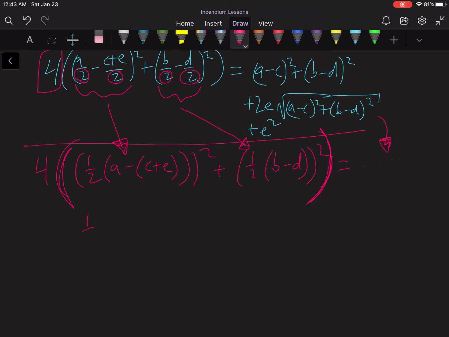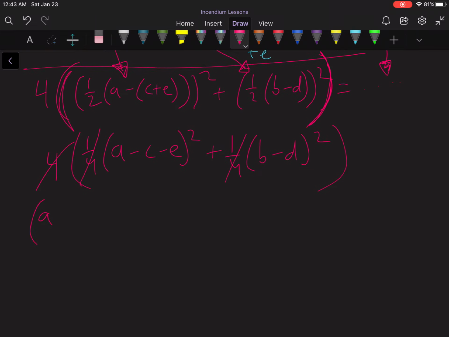Because then it just becomes 1 over 4 times a minus c minus e squared, and then plus 1 over 4 times b minus d squared. And then you have a 4 out in front. The 4 cancels out with the 1 over 4. And on the left-hand side, we're left with a minus c minus e squared. Actually, I'm just going to leave it as it was before. This is just this form. Plus b minus d squared.